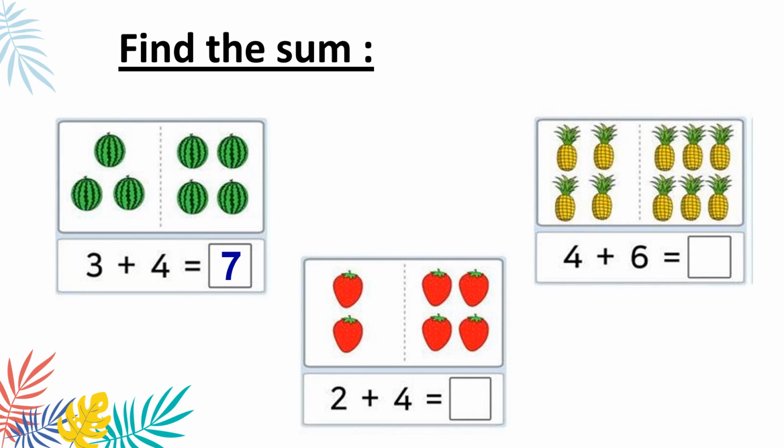Let's count all of them. 1, 2, 3, 4, 5, 6. So the addition of them is 6. Here we have 4 pineapples plus 6. What should I do? I can put 6 in my mind and 4 on my fingers, and let's count after 6, 7, 8, 9, 10. They are 10.